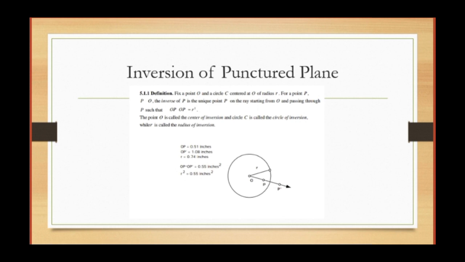Then the inversion of Z with respect to C is given by the formula Z' equals R squared over Z plus B, where B is a complex number representing the center of the circle C. Geometrically, the transformation maps Z to the point Z' on the line passing through the origin and Z such that the product of the distance from the origin to Z and to Z' is equal to the square of the radius R.